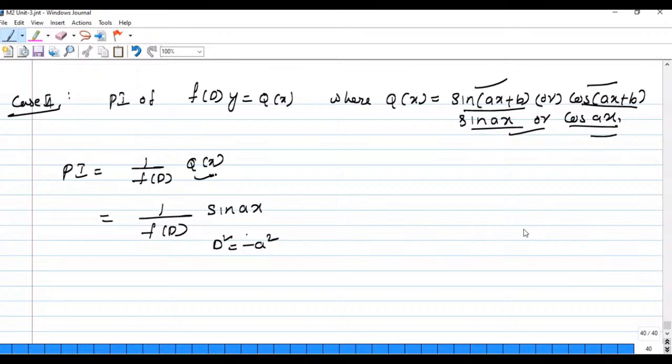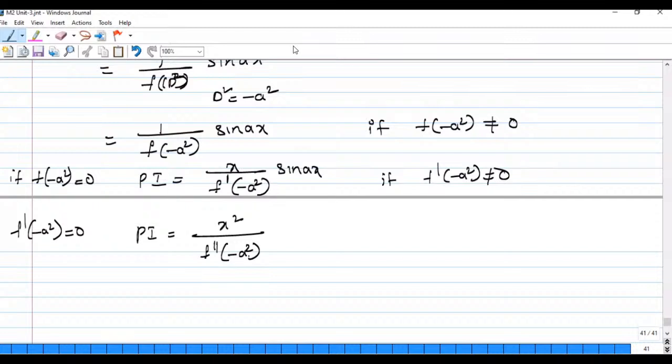Suppose f dash of minus a square is equal to 0, what is PI? x square by, again differentiate the denominator with respect to D and then put D square equal to minus a square. Same procedure. Okay? Note down.